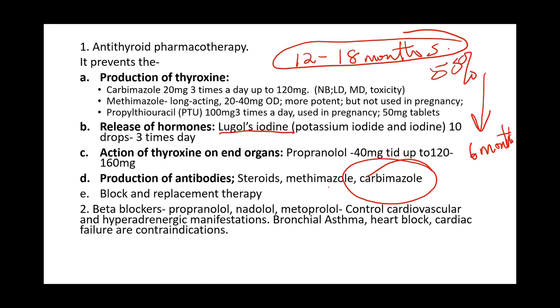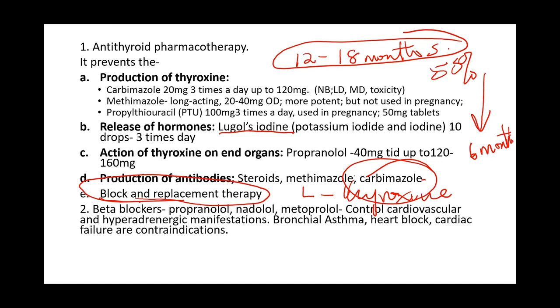You can also do a therapy called block and replace therapy, where you give high doses of antithyroid drugs that completely block production of the hormone, then you give a maintenance dose of L-thyroxine for replacing the hormonal function.